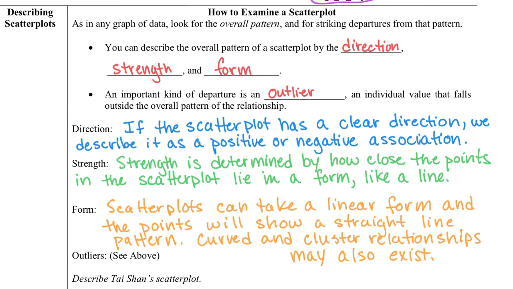So speaking of forms, scatter plots can take a linear form and the points will show a straight line pattern. Curved and cluster relationships may also exist. So you just need to be able to differentiate between a linear form and a curved form. And I'll show you some examples of how you can be tricked. And finally, we do have outliers, but rather than forcing you to write that again, the definition is actually up here.